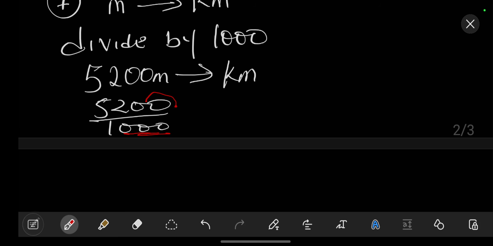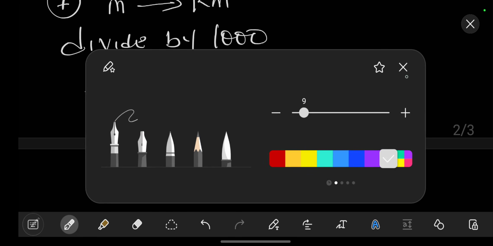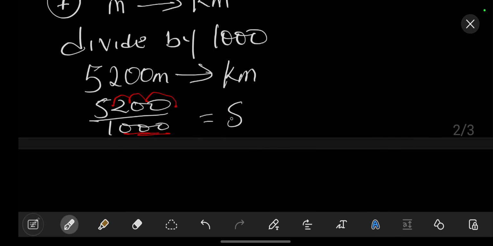Move it 1, 2, then 3. You stop there, so don't move beyond that. So here the decimal is now between 5 and 2. So by so doing, I will have 5.2 kilometer. That is my answer.